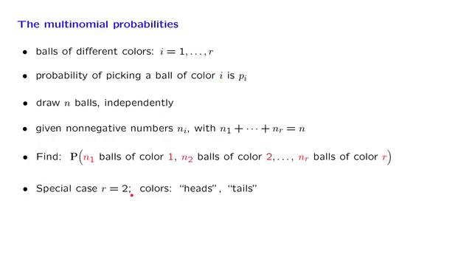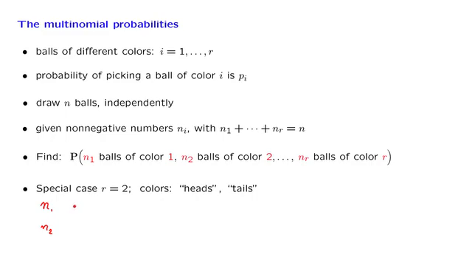Suppose that we have only two colors, and instead of thinking of colors, let us think of the two possibilities as being heads or tails. And we can make the following analogy. Somebody gives us numbers n1 and n2 that add up to n, and we're interested in the probability that we get n1 of the first color and n2 of the second color.